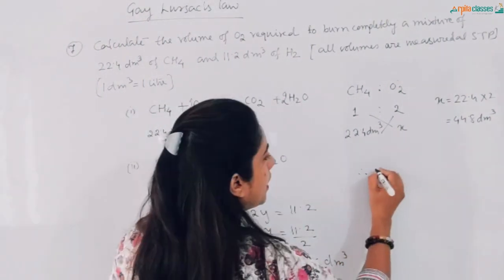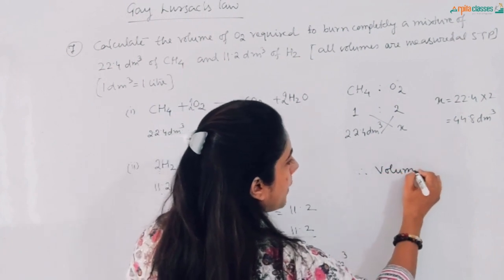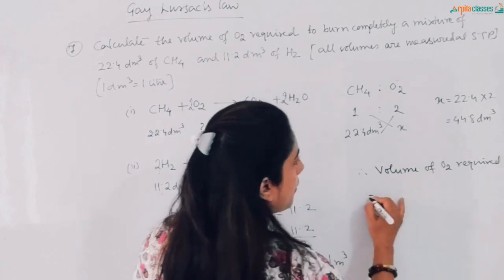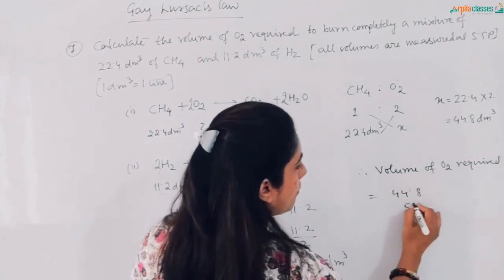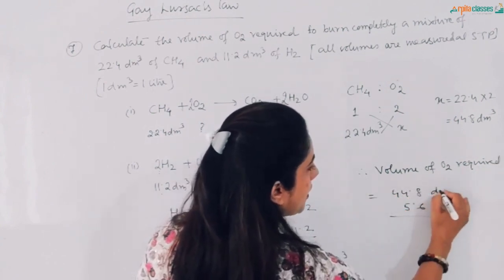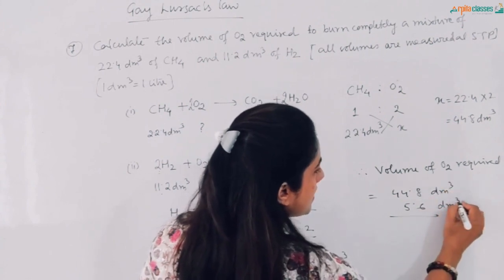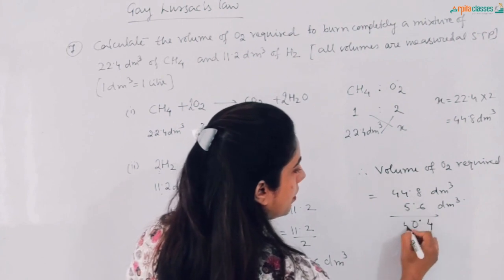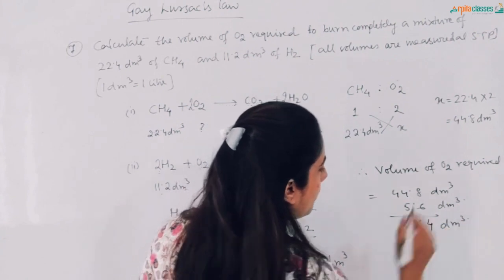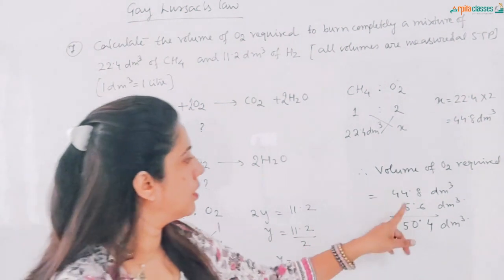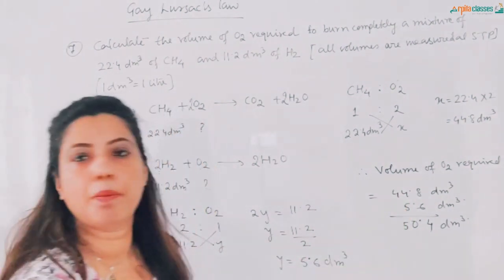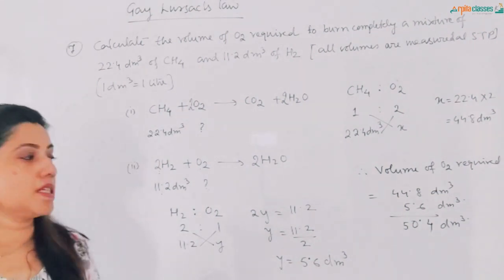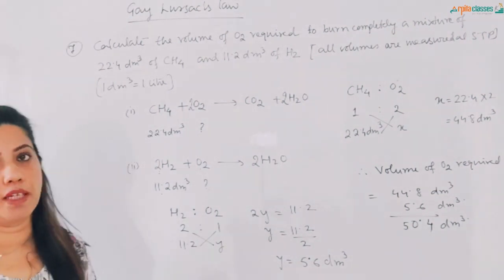So the volume of oxygen required is equal to 44.8 and 5.6 dm³. So what is the answer? 50.4 dm³. So what is the volume of oxygen required? It is 50.4 dm³ of oxygen required.